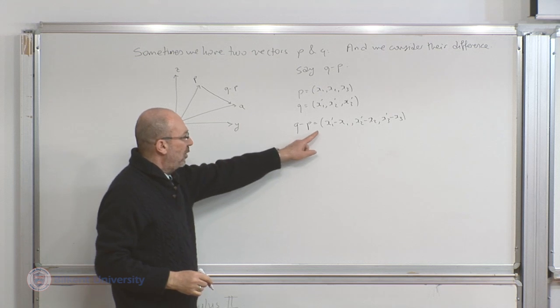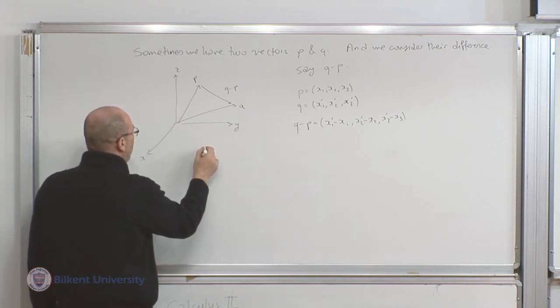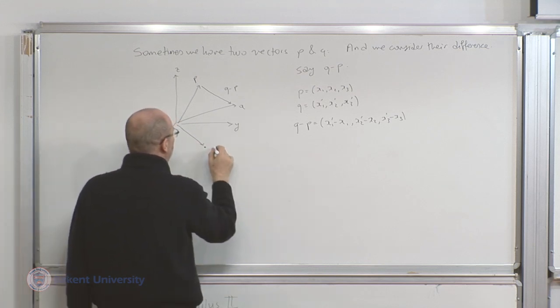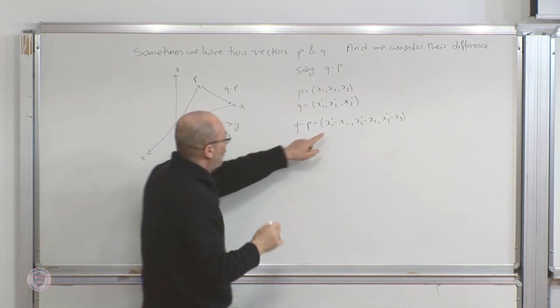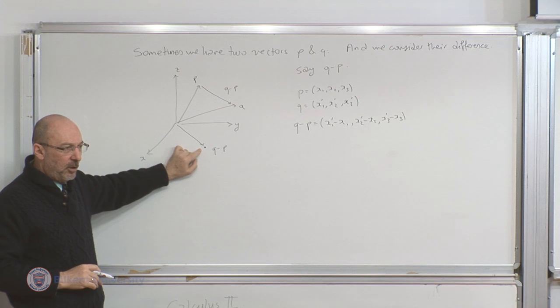But you see that this is now a point, somewhere here. If you look at this thing, this point is Q minus P. If you put these coordinates here, it's somewhere here. So this is the only thing that you should keep in mind when you are working with points and vectors.